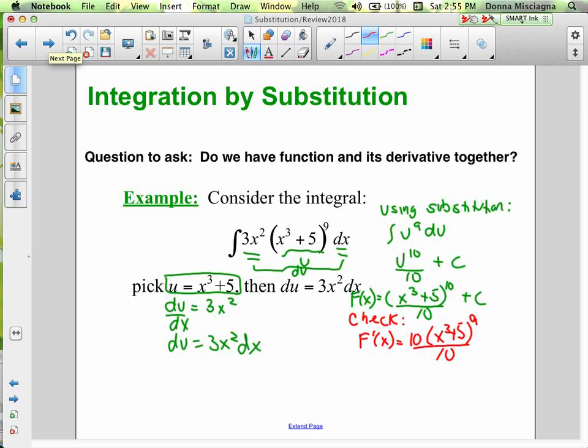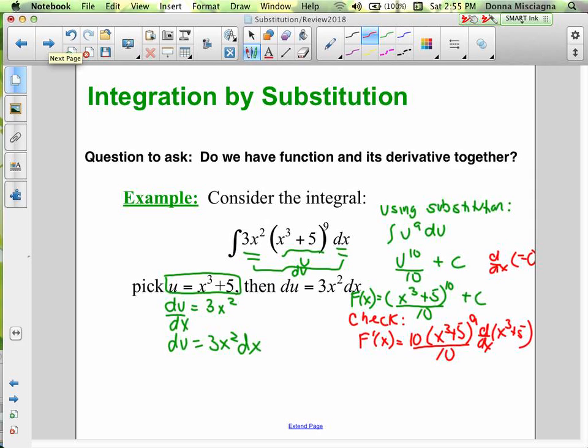And then this is a chain rule, so it's the derivative of the outside times the derivative of the inside. So now we have to multiply that times the derivative of x cubed plus 5. And then the derivative of the constant there is just going to be equal to 0, so that would be gone anyway.